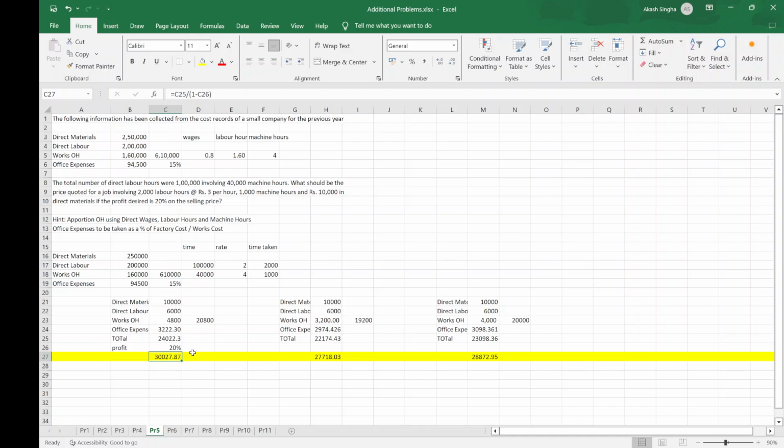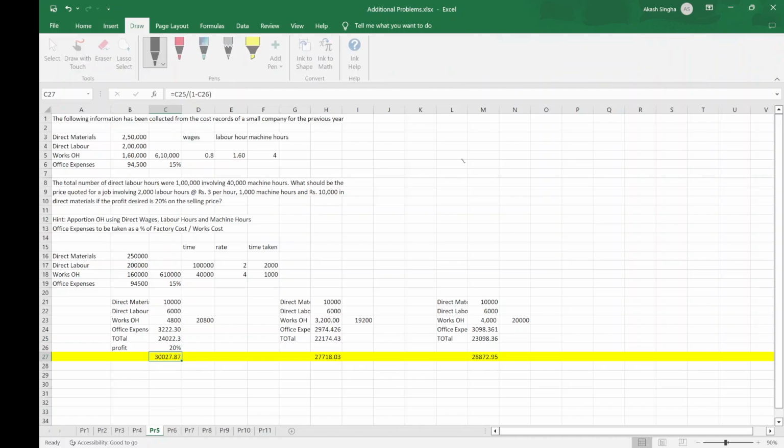If you see how the formula comes here: we have a selling price, let's say S, and it is said that profit is desired on the selling price as 20%. So selling price into 0.8 should be this total, because it's a profit desired on the selling price.